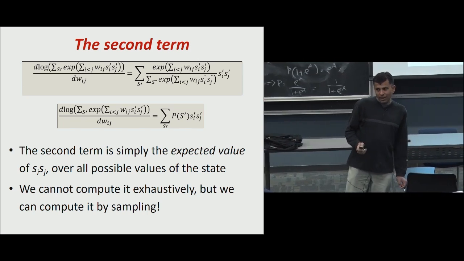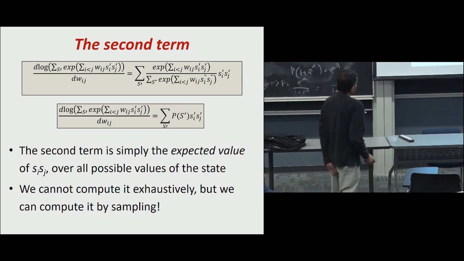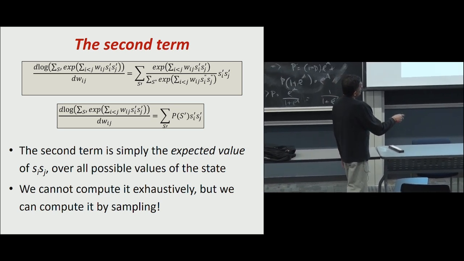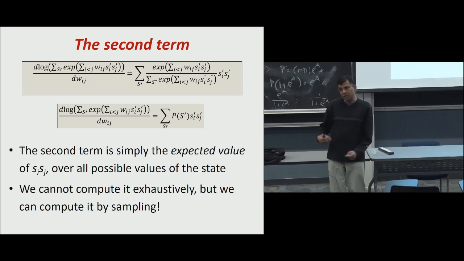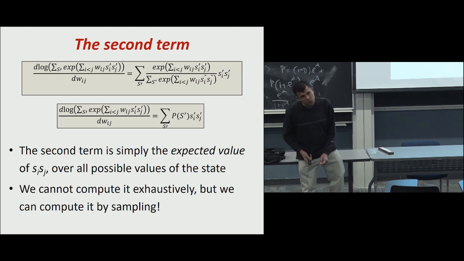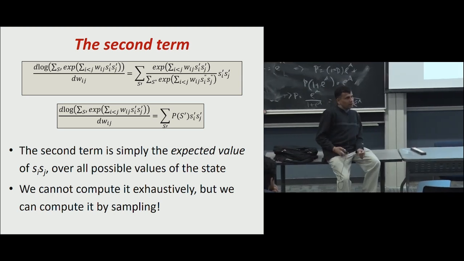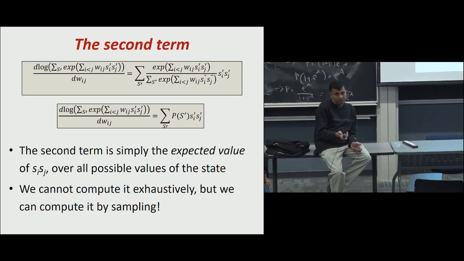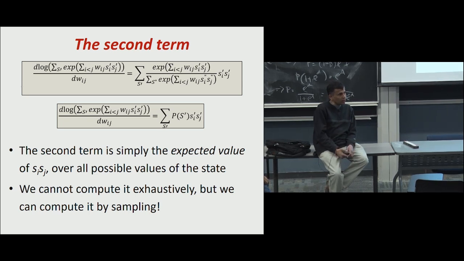The problem here is that to compute this, you have to sum over every possible state. There's an exponential number of these states. So instead of doing this, what is the alternative? If I want to compute an expectation of a probability distribution, and if this requires an impossible computation, then the standard trick, we just sample it.